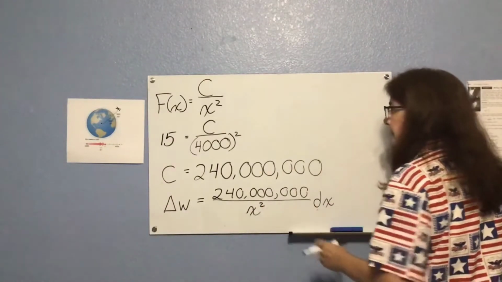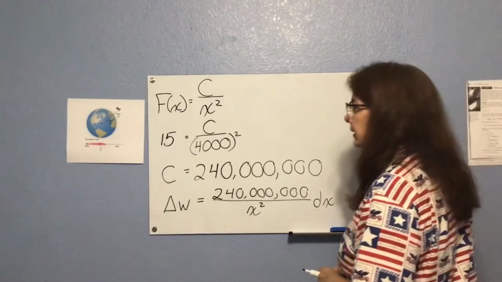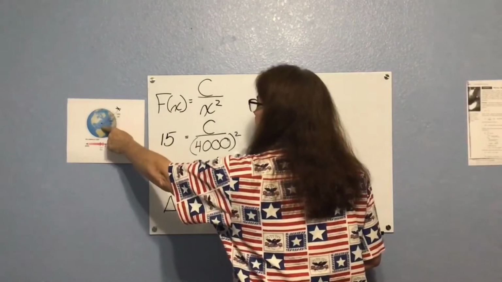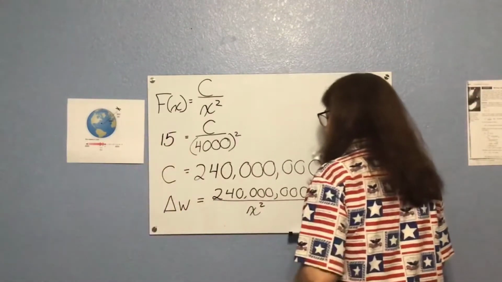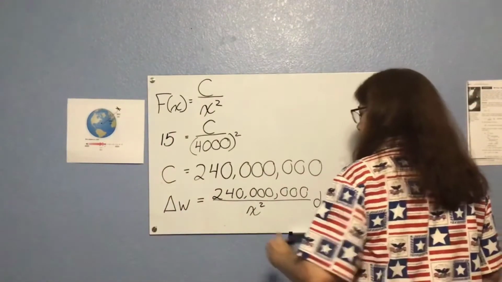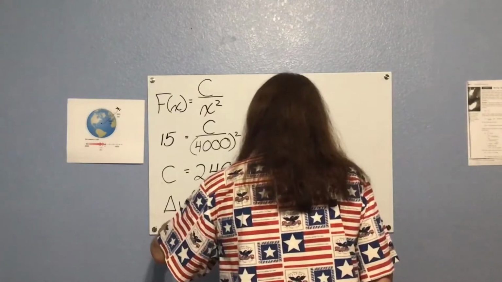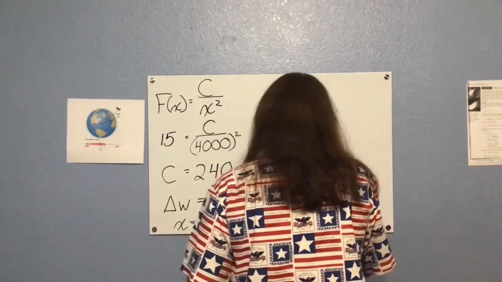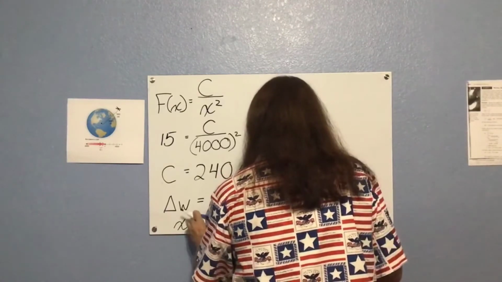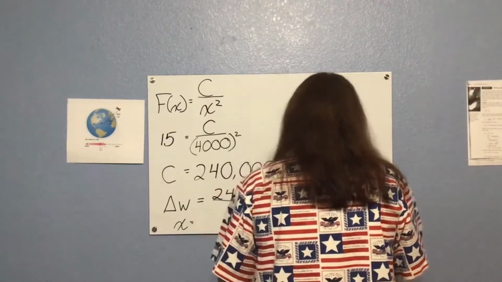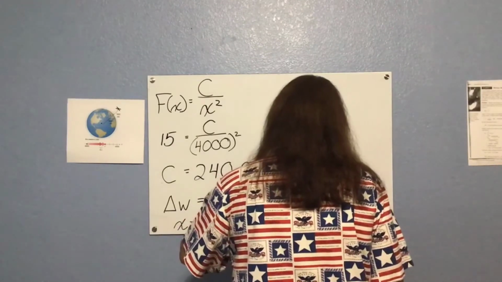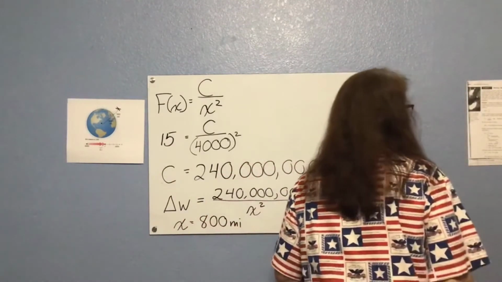Okay, and x represents our distance, and our distance is going to go from 4,000 miles to 4,800 miles. So now we know that x is equal to, not 4,000, is equal to 800 miles.